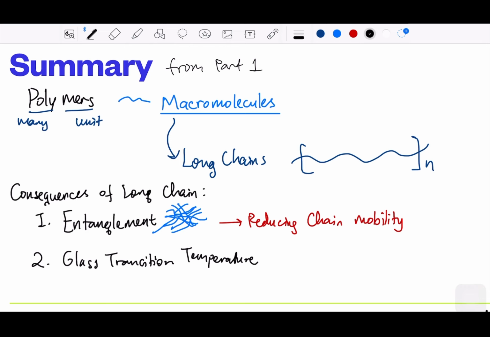That is emphasized that this is the temperature when it transitions from your glass state into rubber state.